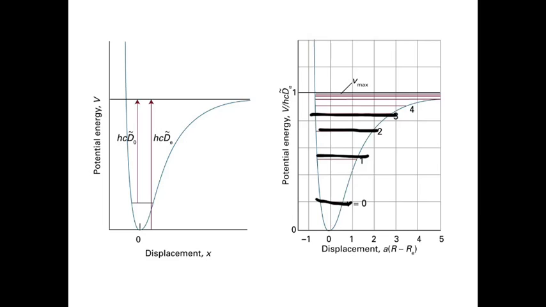But because our energy surface here is not a parabola, this equal spacing doesn't stay equally spaced as we go up. The levels get closer and closer together because of the asymmetric part of our potential over here.